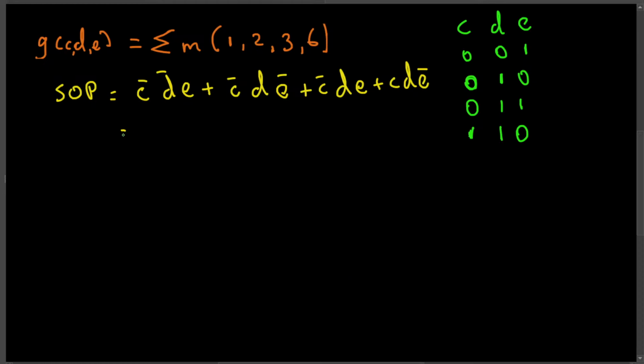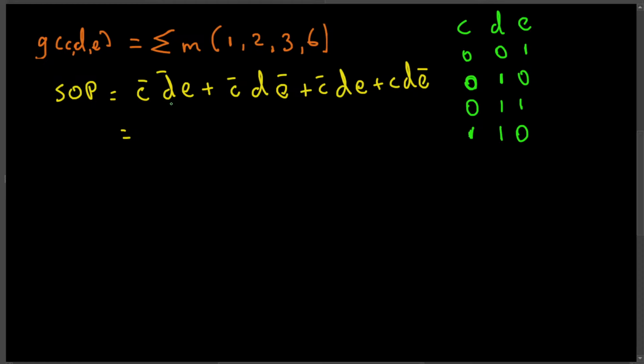Okay, now let's try to simplify this one. For the first one, can we take anything common and simplify? Can I take anything common and simplify? Let's see. I'm seeing for the second one. Let's see.